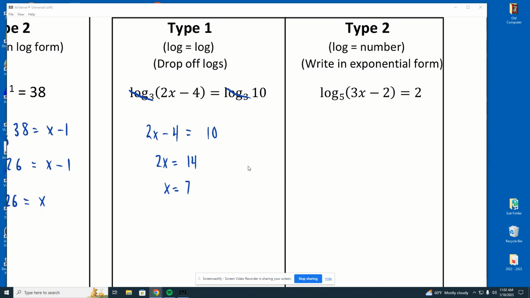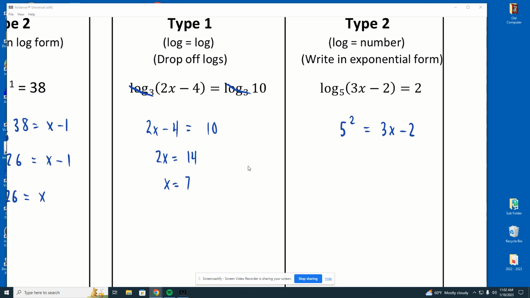But in type 2, we don't have log equals log, so we're going to rewrite it as a what? As an exponent. So I'm going to take the base of log. What's the base of my log here? I'm going to make it the base of my exponent. 5 to what power? Second equals 3x minus 2.